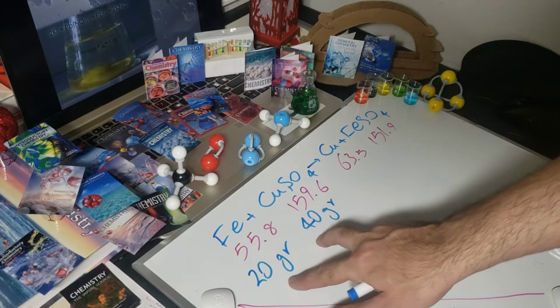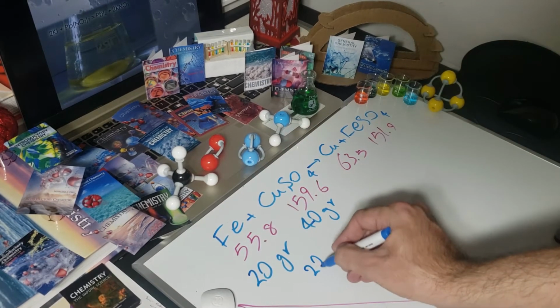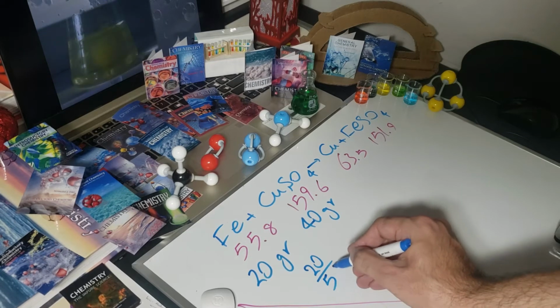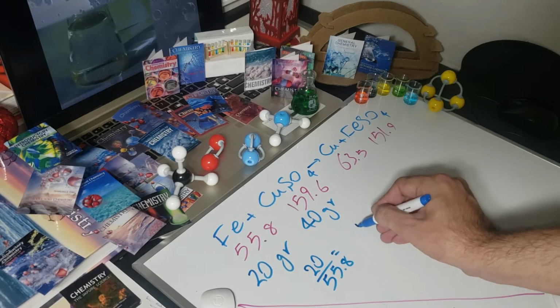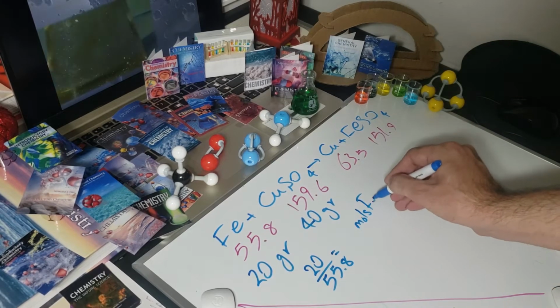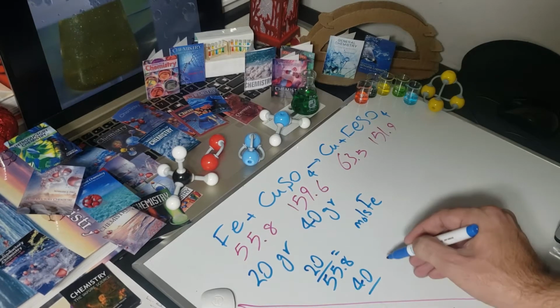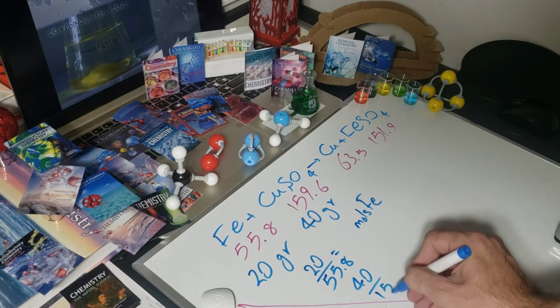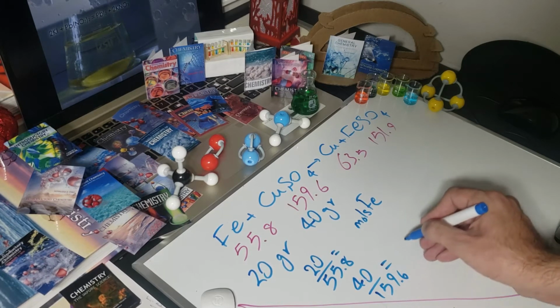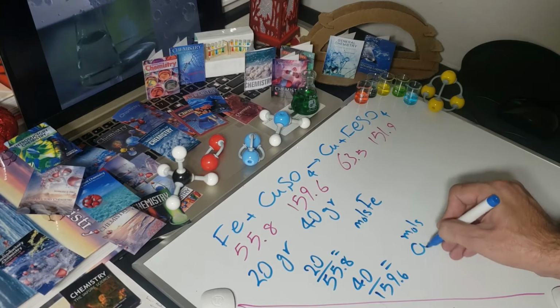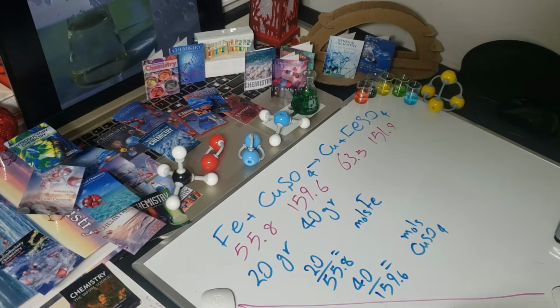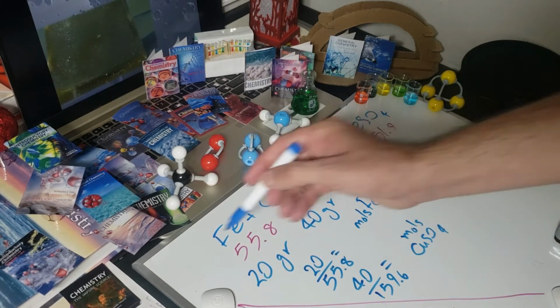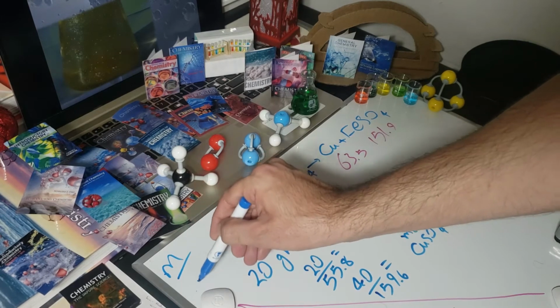The first thing you do is convert these: 20 divided by 55.8 to give moles of Fe, and also 40 divided by the molar mass of CuSO4 to give moles of CuSO4. And again, that's the formula: mass divided by the molar mass.